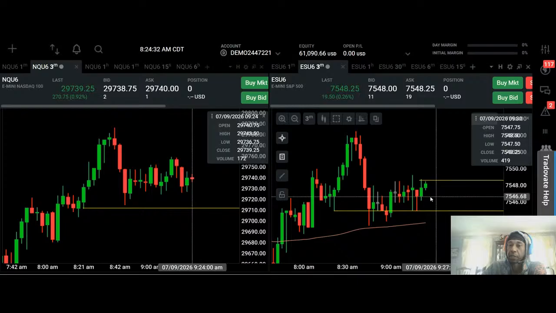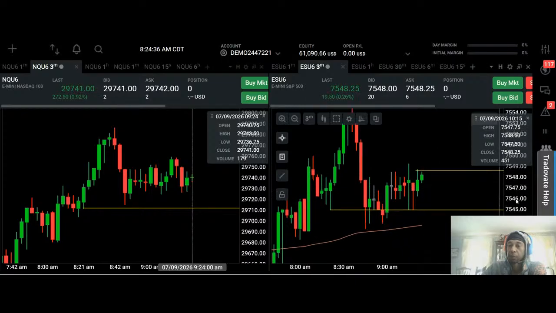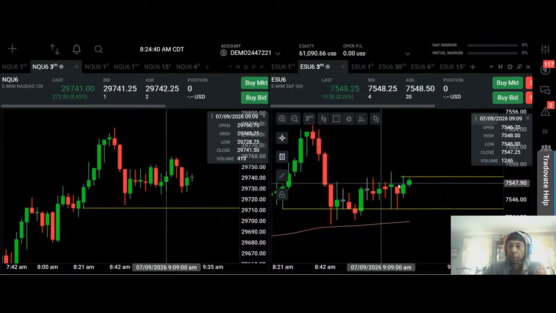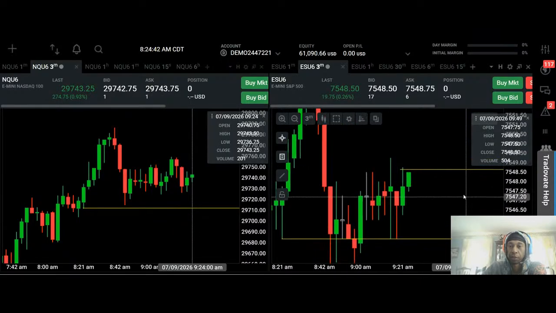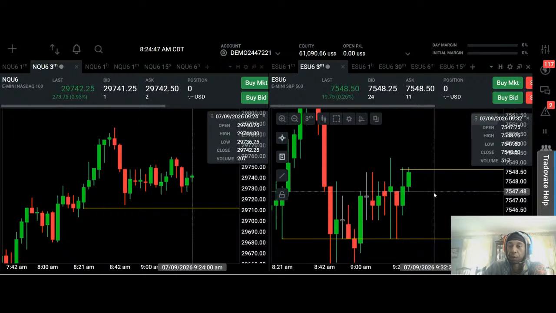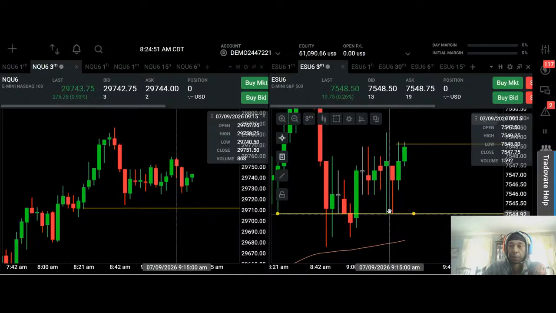I may take this trade. I may not. Market is about to open though. If this current candle on ES closes above this high right here, they're going to take off. Stop loss should go below this low right here. I'm not going to take that trade though.